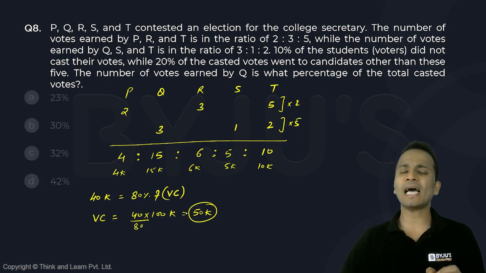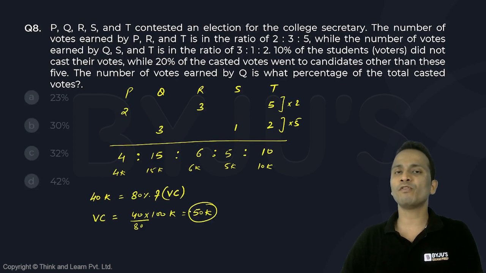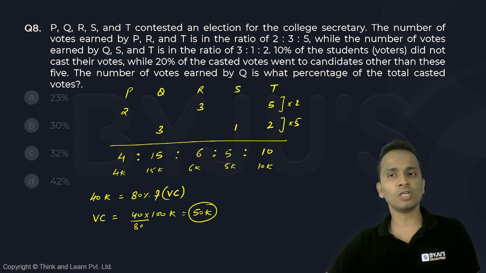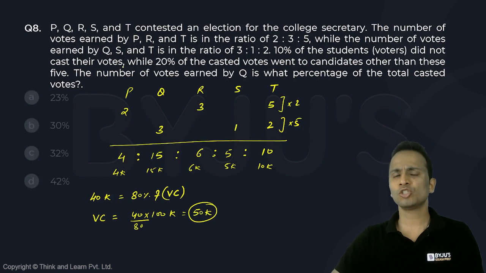Now using this, I can also find out the total number of voters, but that is not required. Okay, total number of students we can calculate. Now 10% of voters did not cast their votes, so we can also calculate the total number of students, which is not required.